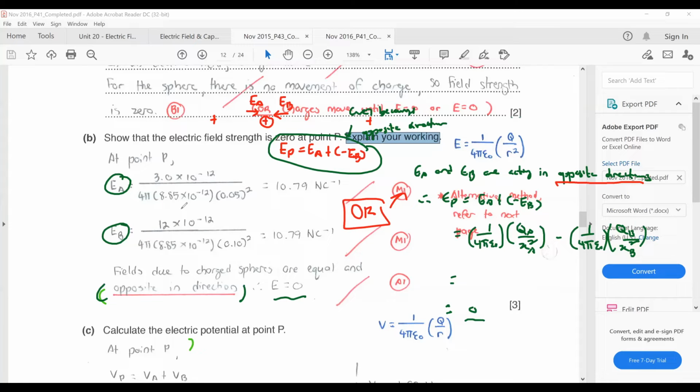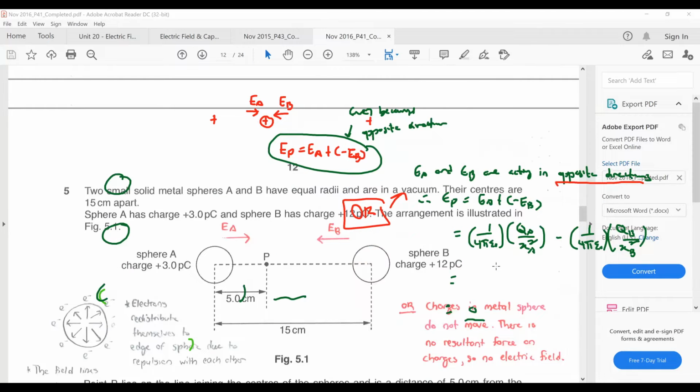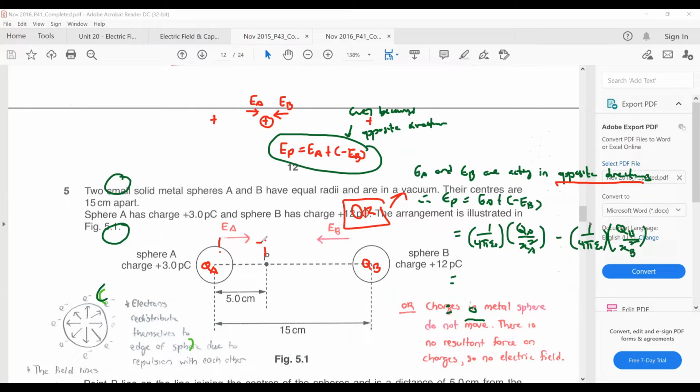Oh yeah, before I go to that, if you're wondering what is your XA, XB, you need to be careful a bit about your XA, XB. Now this one you will know is your QA. This one you know it will be your QB. Your XA is this one. Okay, this is your XA. This one is your XB.